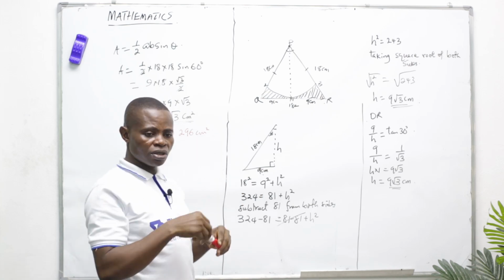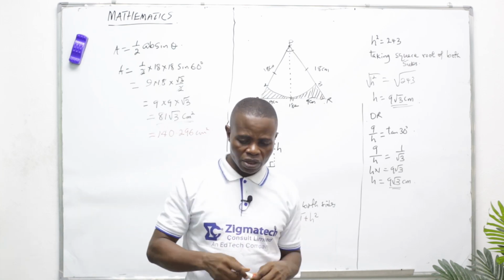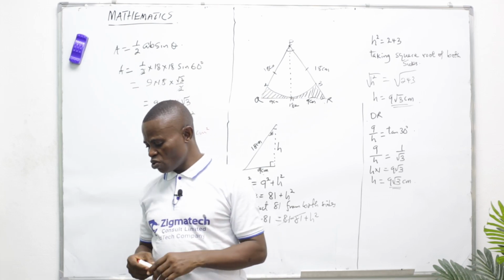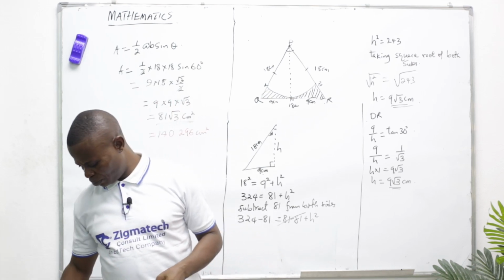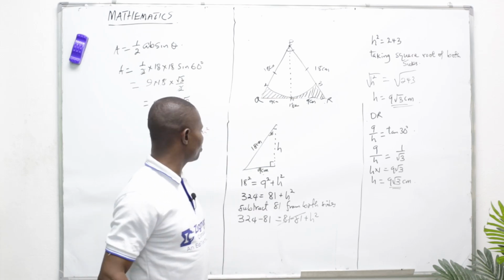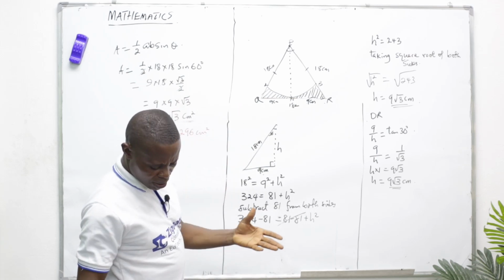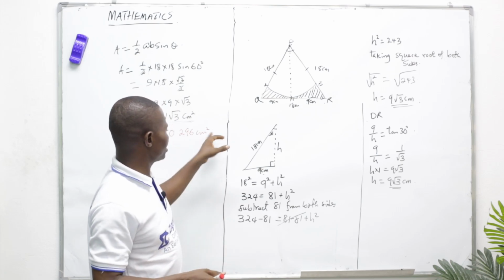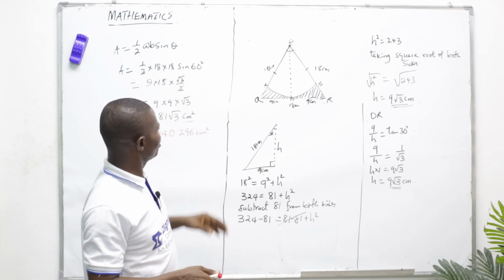At this point, you are not approximating because you are not done with the solving. You are not done with solving, so don't approximate at this point. You can just select to an extent and leave the rest.